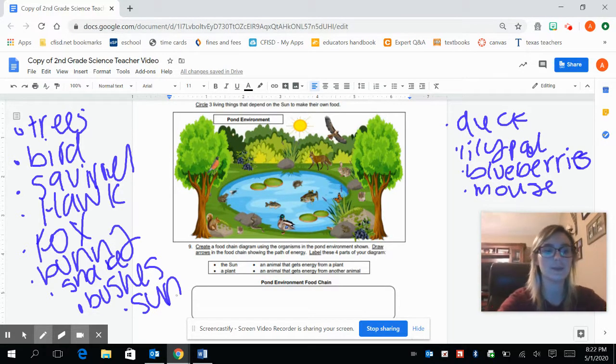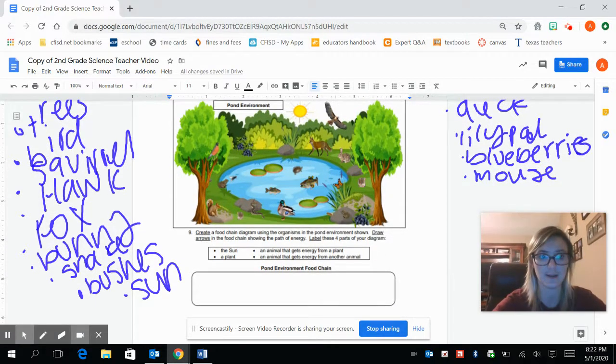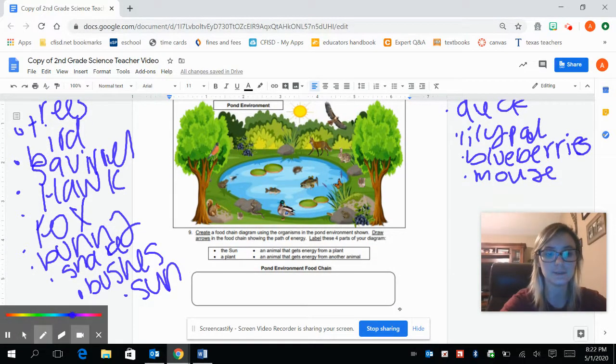So we are going to make our own food chain down here. And we are going to use those things that we talked about in this pond environment to make our food chain. So there's tons of different ways we could make our food chain. But there are four things that are necessary to put inside of the food chain.